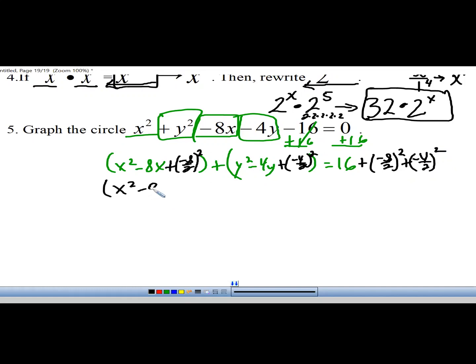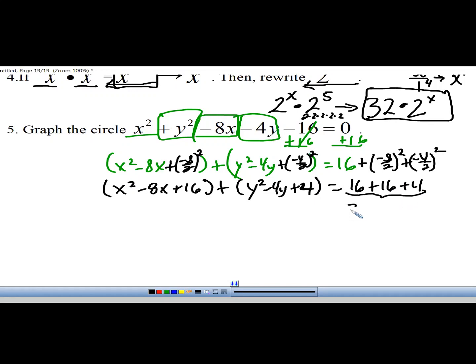X squared minus 8x plus 16 plus y squared minus 4y plus 4, all that equal to 16 plus 16 plus 4. And I can simplify this a little bit more, so that's 36. And I bring this down, x squared minus 8x plus 16 plus y squared minus 4y plus 4.